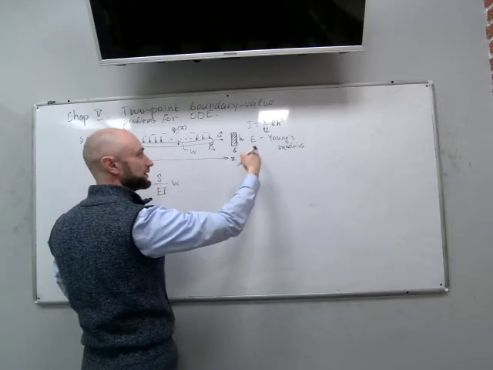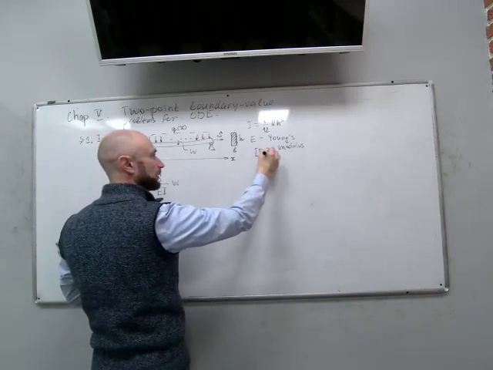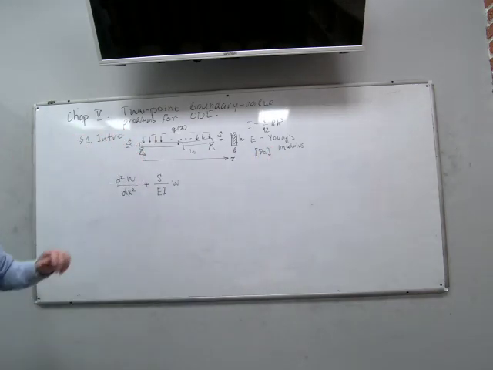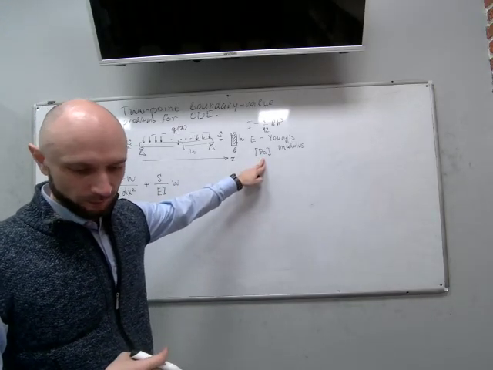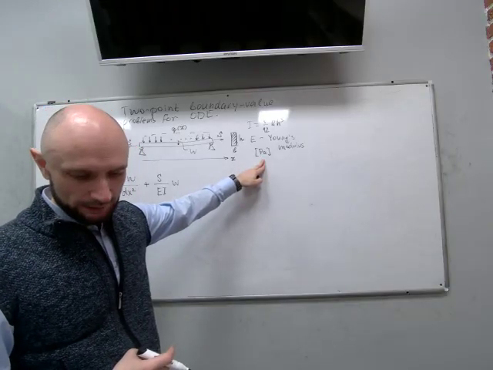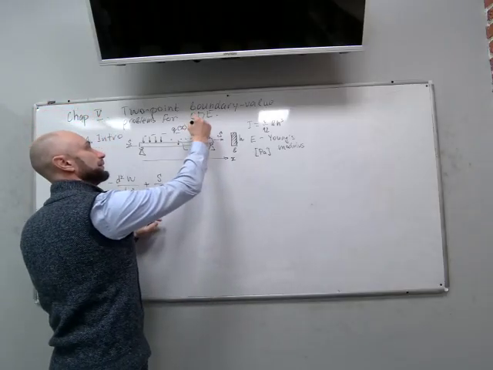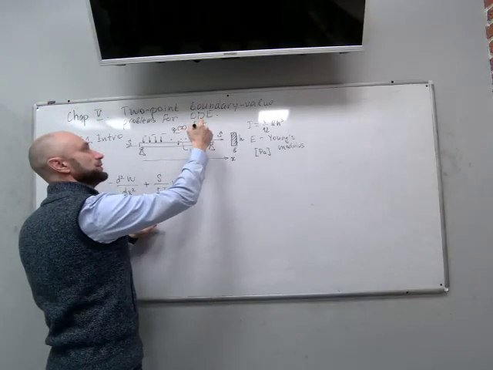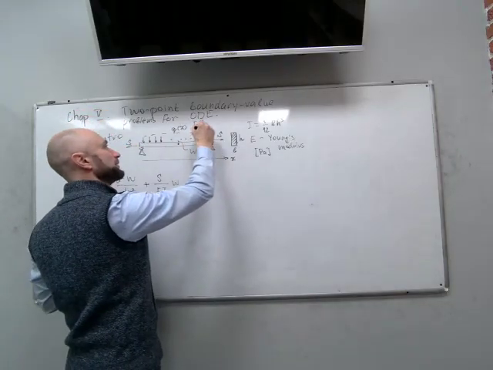The dimension of this Young's modulus is Pascal, or better to say Newton divided by meter squared. What else I need to define? And just for your reference, the dimension of this Q is Newtons divided by meter.